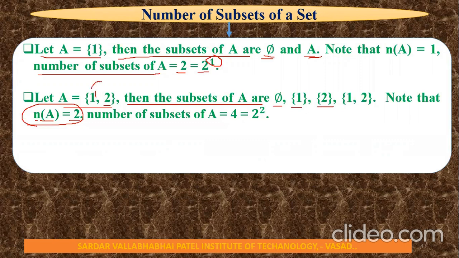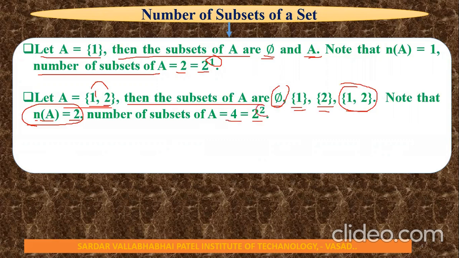Then we consider the two-element subset: {1, 2}, no other element for the two-element subset. So this is itself, this is the phi, and both are singletons. So the number of possible subsets of the set A is 4, and we write 2 squared.